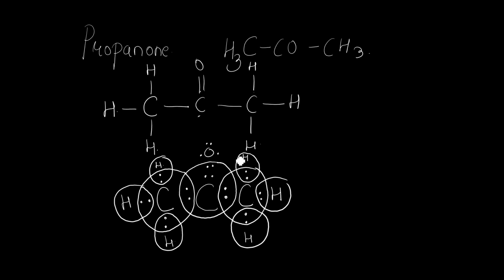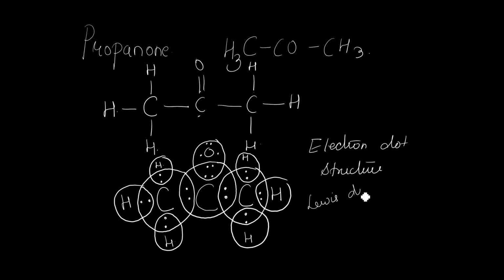And between oxygen and carbon, also oxygen and carbon, this is the bond. So this is the electron dot structure of propanol, also known as the Lewis dot structure. This is how we have to make the electron dot structure for the compound propanol.